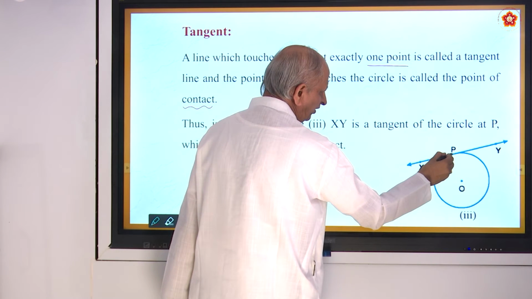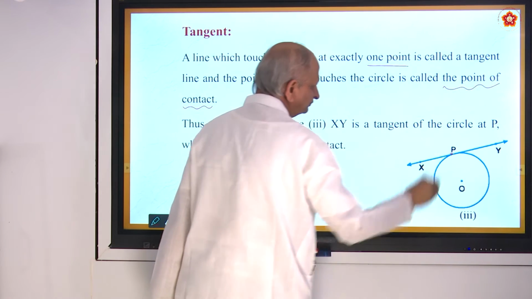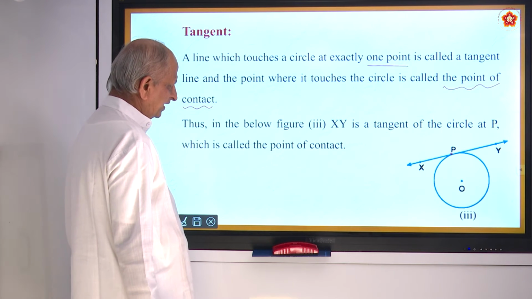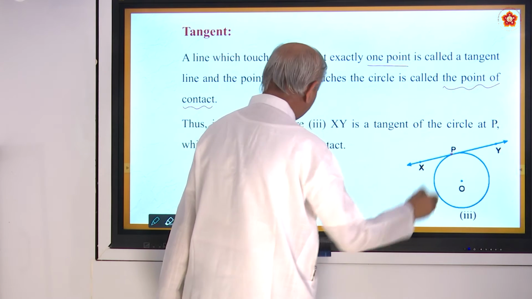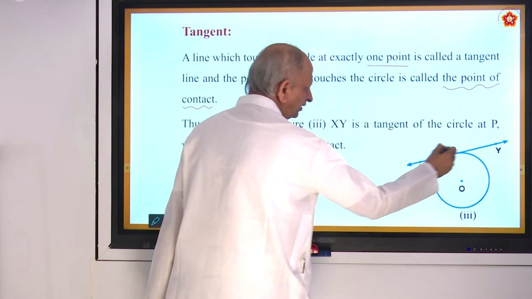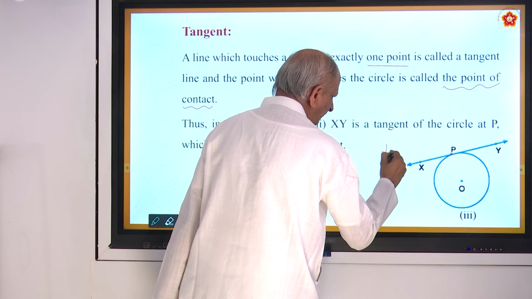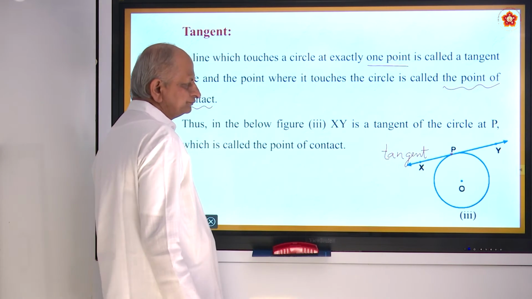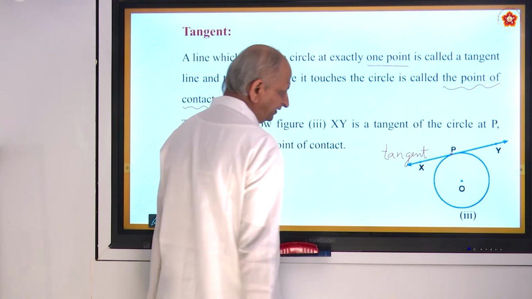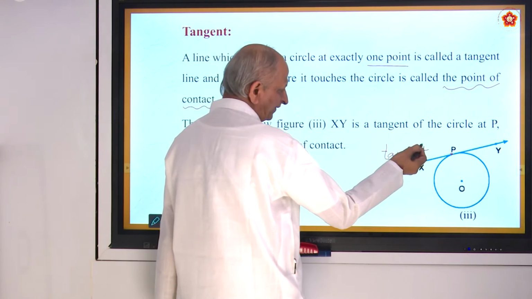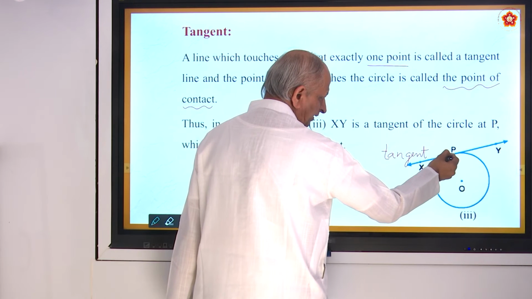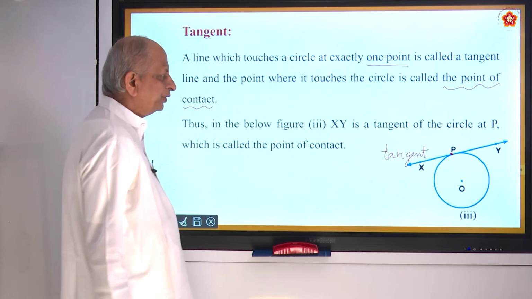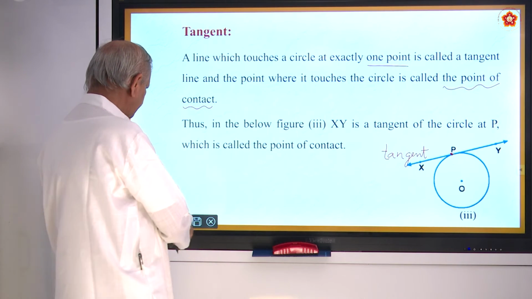So this is called the point of contact, P. In the figure below, XY is the tangent to the circle at P. So the line which touches the circle is called a tangent, and if it passes through a circle, it is called a secant. So note the difference between tangent and secant. Here the point of contact is only one. Alright. So note the difference between the two, which is a very interesting case.